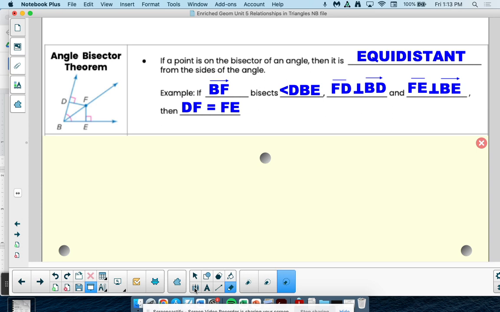So like in our picture here, that would be segment FE and FD. Those would be the same length because F is the same distance away from both sides of that angle.